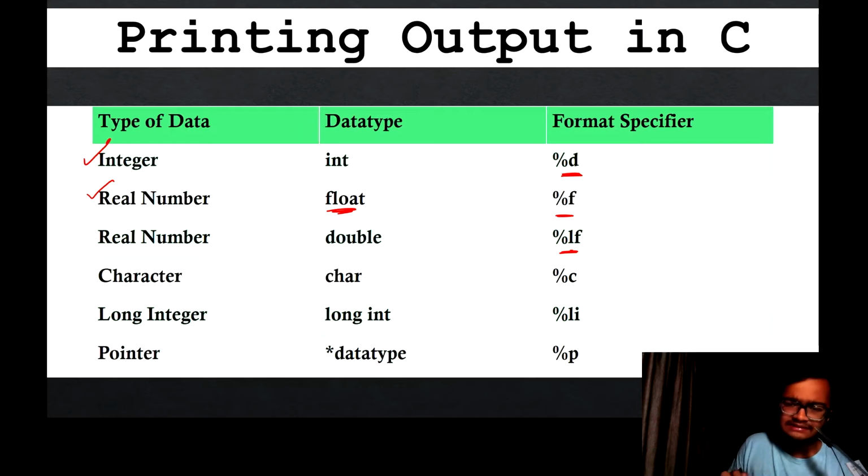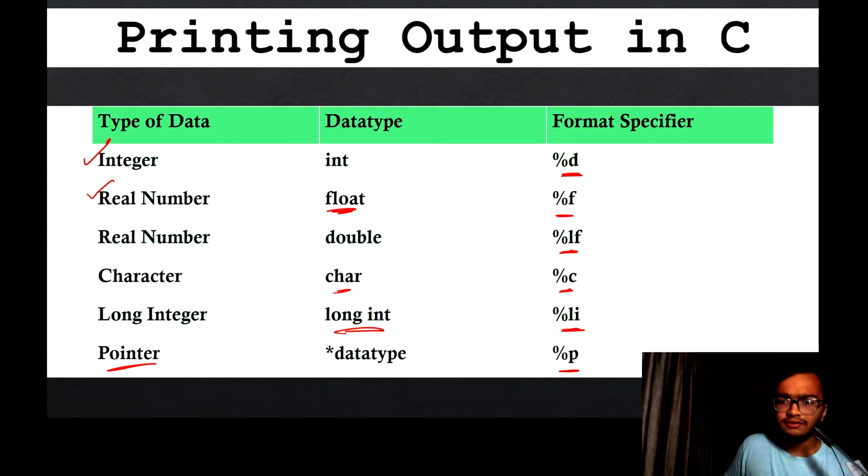Similarly if you want to print character, we use %c. If you want to print a long integer, that means a 20-digit number or a 15-digit number, we use the specifier %li, that means long int. And if you want to print pointer, we use %p.